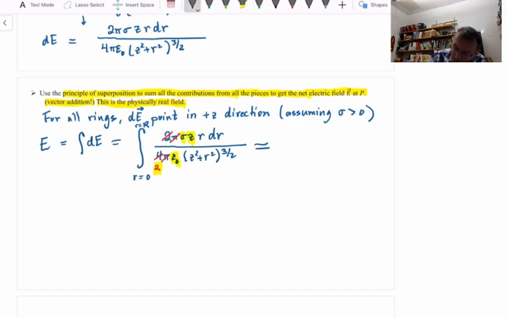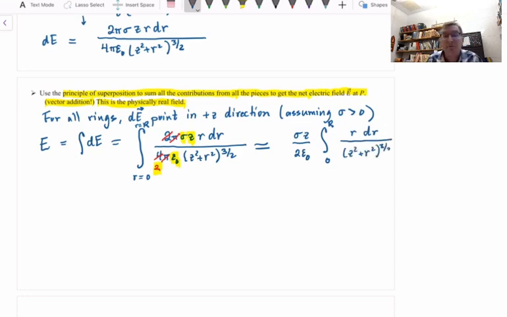What's left to come out front? Sigma z over 2 epsilon 0. Then I have the integral from 0 to big R of r dr over z squared plus r squared to the 3 halves.